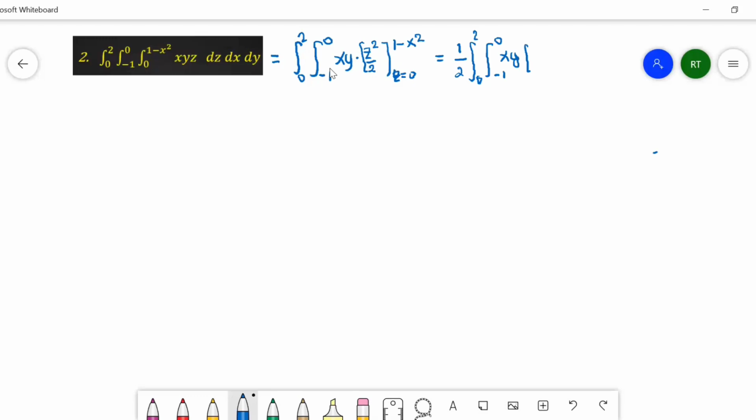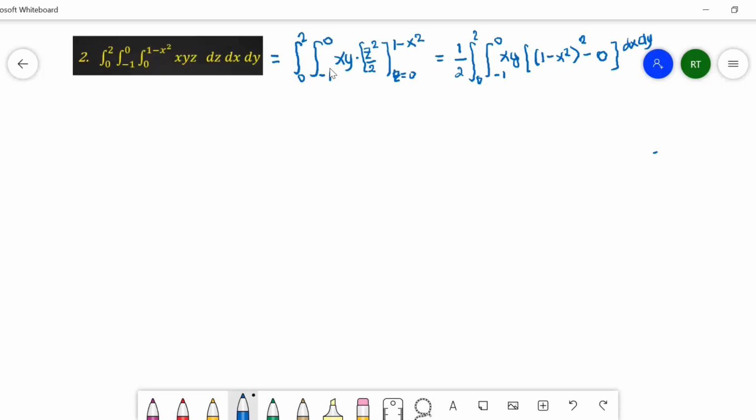At the upper limit, replacing z by 1 minus x squared gives us the quantity 1 minus x squared, squared, minus the value of z squared at the lower limit 0. Of course, when z is equal to 0, that gives us 0, times dx dy.